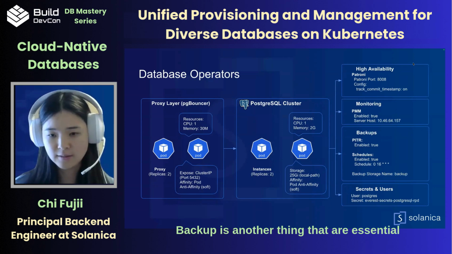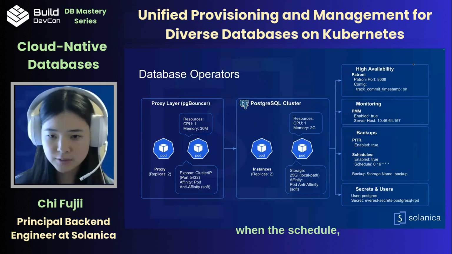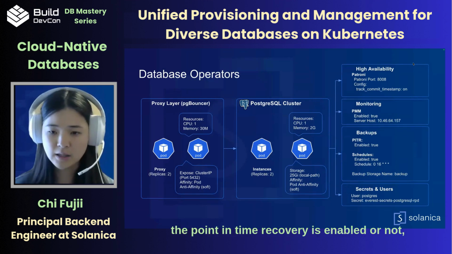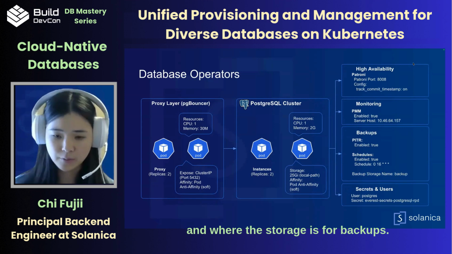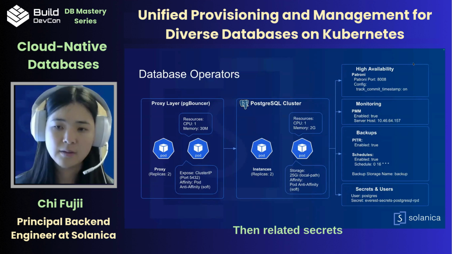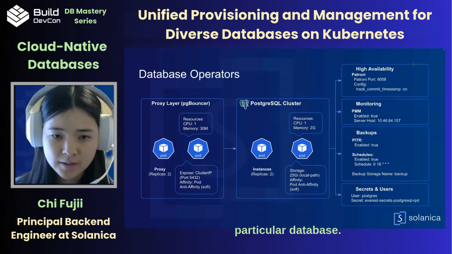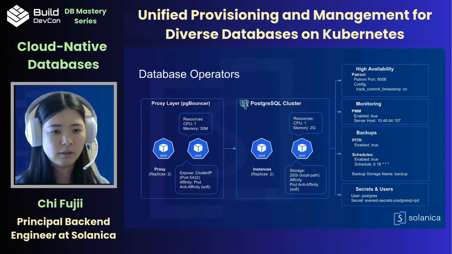Backup is another thing that is essential for databases. It defines the schedule, whether point-in-time recovery is enabled or not, and where the storage is for backups. Then there are related secrets and users for this particular database.